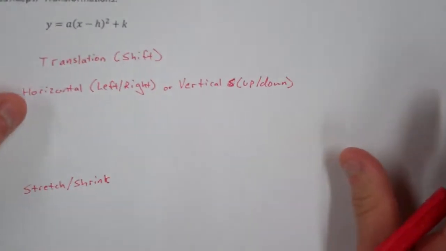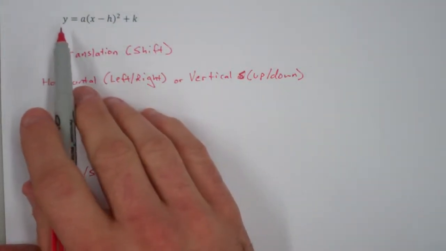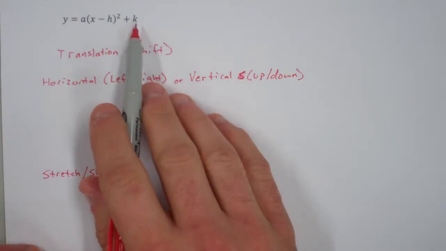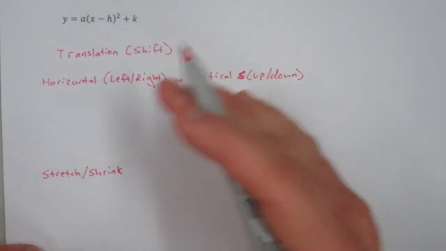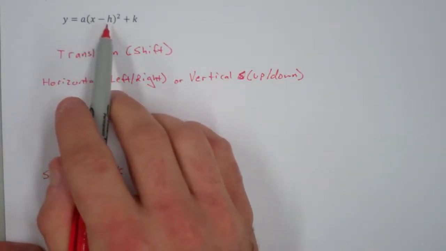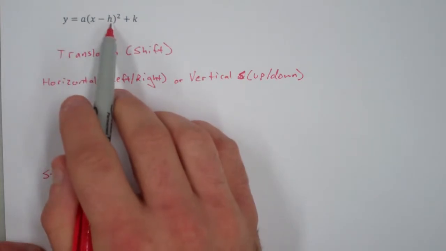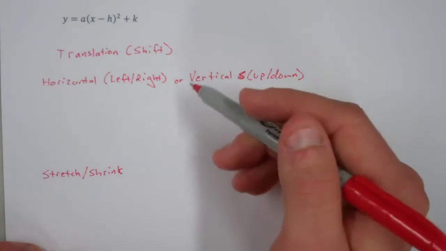In general, when we have an equation that looks like this, and this might be a 2, it might be a 3, there might be absolute value bars, whatever the function is. We want to look inside the parentheses by the x, or inside the absolute value bars by the x.